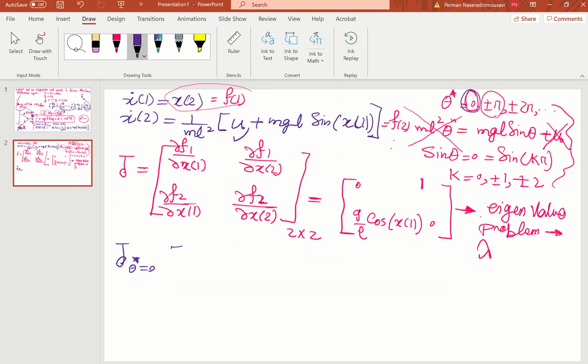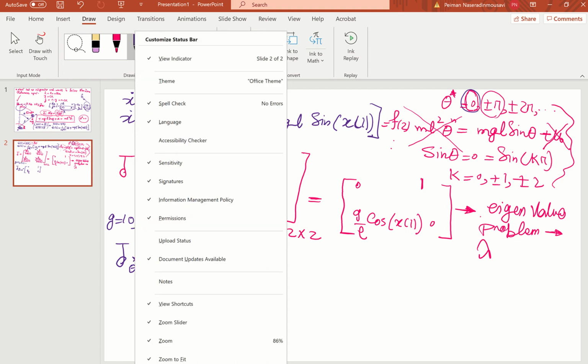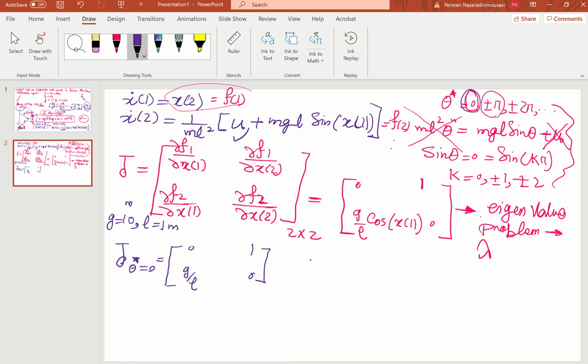So it's going to be 0, 1. Cosine of 0 is 1, so it's going to be G over L and 0. Suppose G is 10 meters per second squared and L is 1 meter. That's right, you are in the SI system. So your Jacobian matrix is going to be 0, 1, 10, 0.